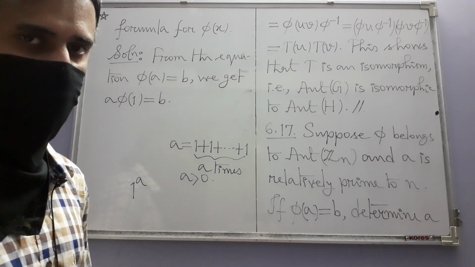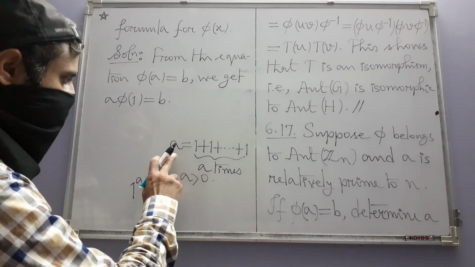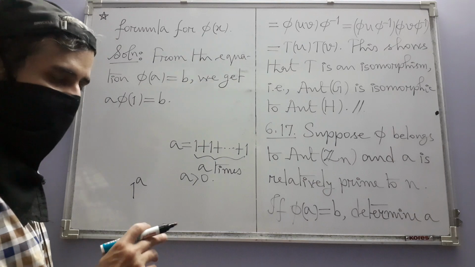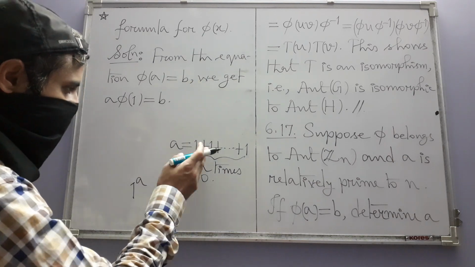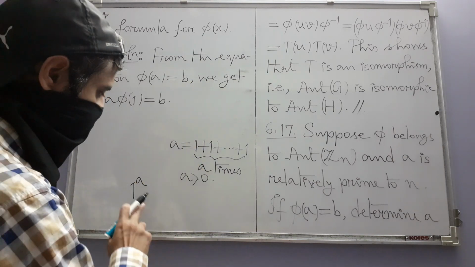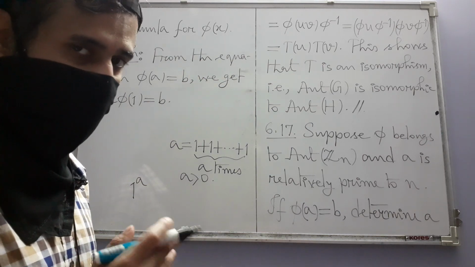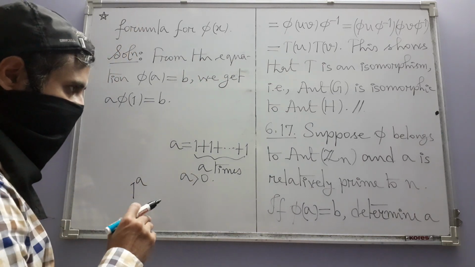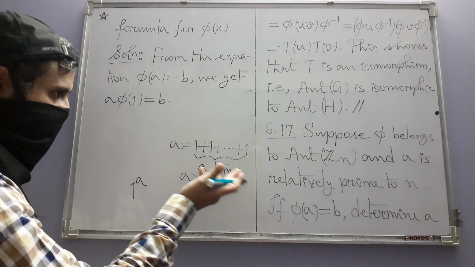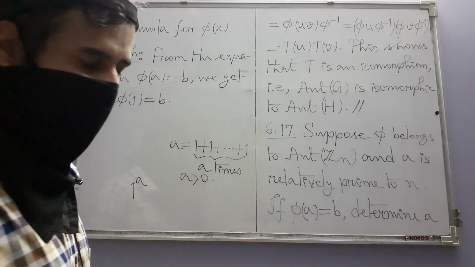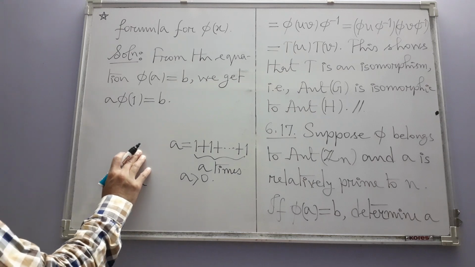We do not normally write A times 1 because that's how we normally write such an integral power of a group element in an additive group, in an abelian group. Here, however, the author is just simply writing A.